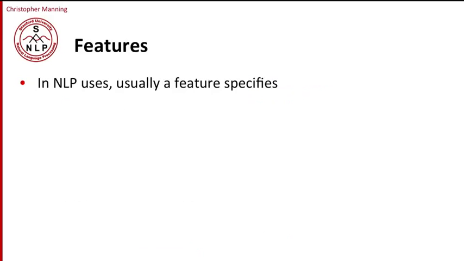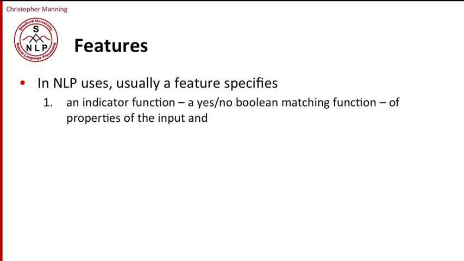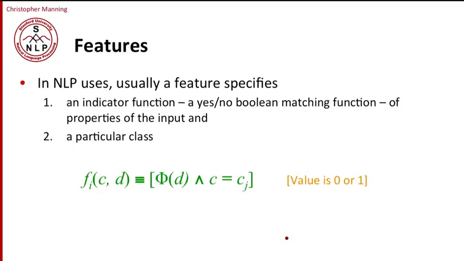In the particular case of natural language processing applications, what we find is that usually a feature is of a very particular form. The feature consists of, firstly, an indicator function, a yes-no boolean matching function of properties of the input, and secondly, it specifies a particular class. So the arbitrary feature is just a feature of a class data pair, and it's returning some real number.